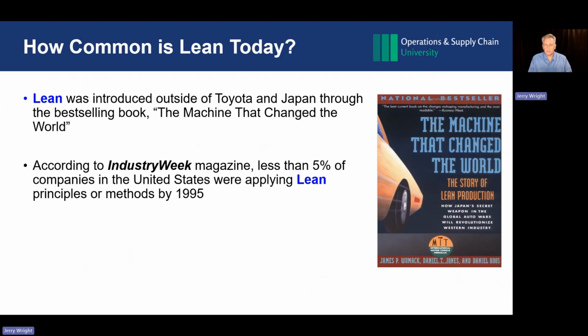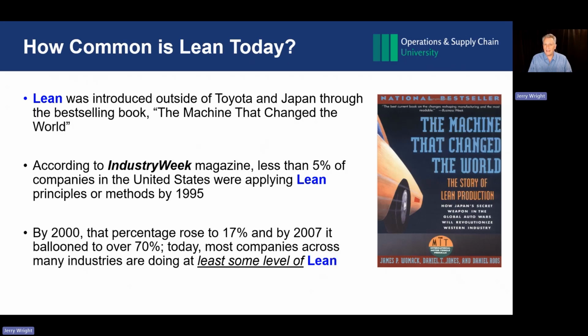Now, according to Industry Week magazine, back in 1995 timeframe, less than 5% of the companies in the United States were applying lean principles or lean methods, the things that we call lean today. Now, by 2000, that percentage jumped to 17%, so a 12% increase.